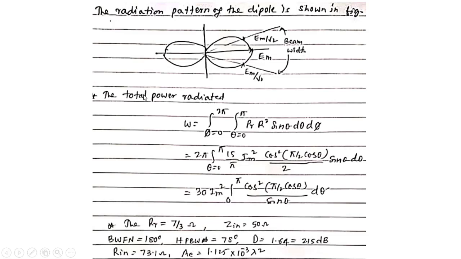The total power radiated W is given by phi is equal to 0 to 2 pi, theta is equal to 0 to pi, PR into r square sin theta d theta d phi. We get 2 pi due to phi from 0 to 2 pi, into integration of theta from 0 to pi.